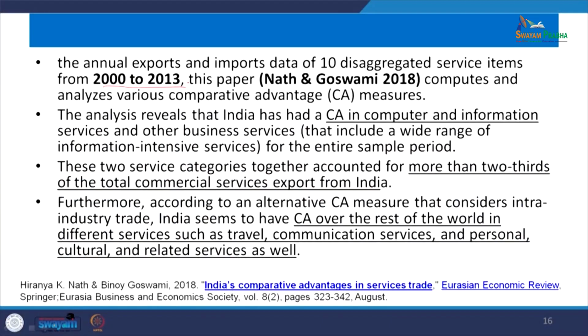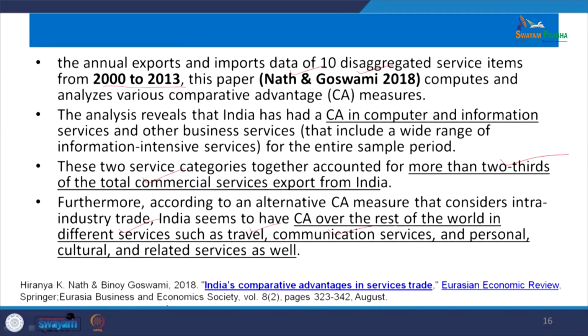Similarly, annual exports and imports data of 10 disaggregated services items from 2000 to 2013 were explained in this paper by Nathan and Goswami, especially for the Indian context, and they computed that India's competitive advantage for computer and information services is much better. We have an advantage.